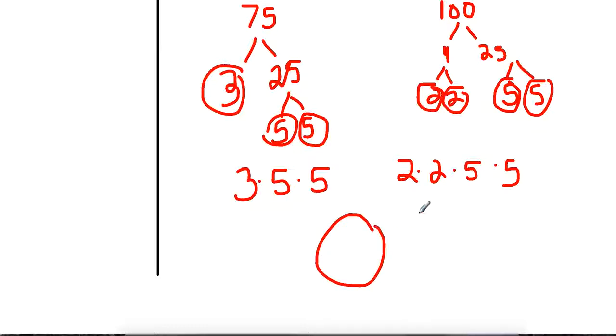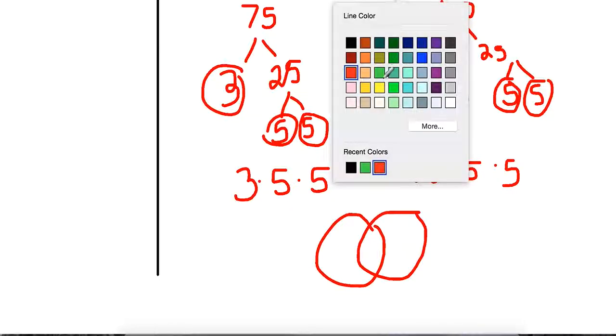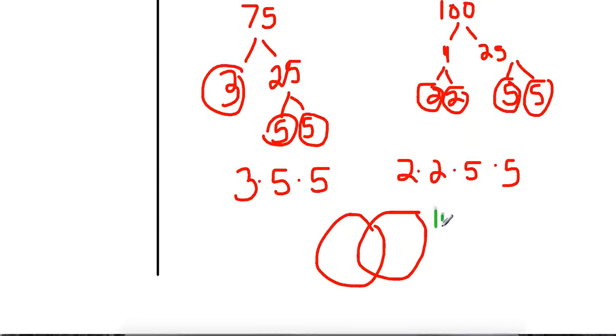Let's use our Venn diagrams. The first thing we have to remember is this circle in the Venn diagram, I'm going to change my color, represents the 100. This circle over here represents 75. So let's first find what they have in common.